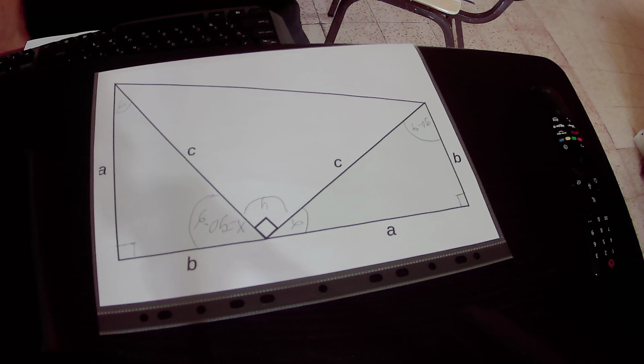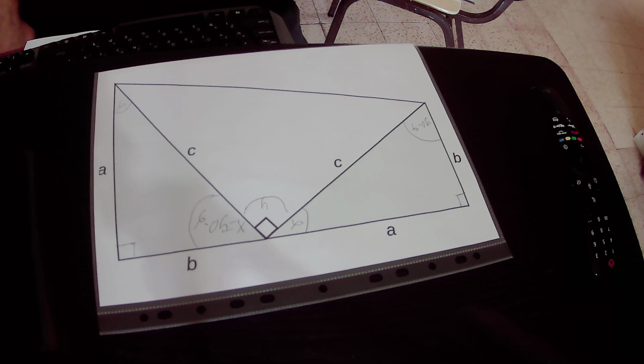As we know, the sum of the angles in a triangle is equal to 180 degrees. In every triangle, the sum of the three angles is 180 degrees.